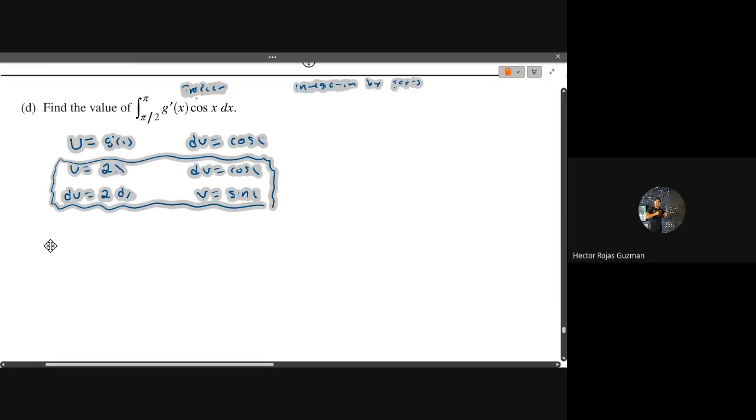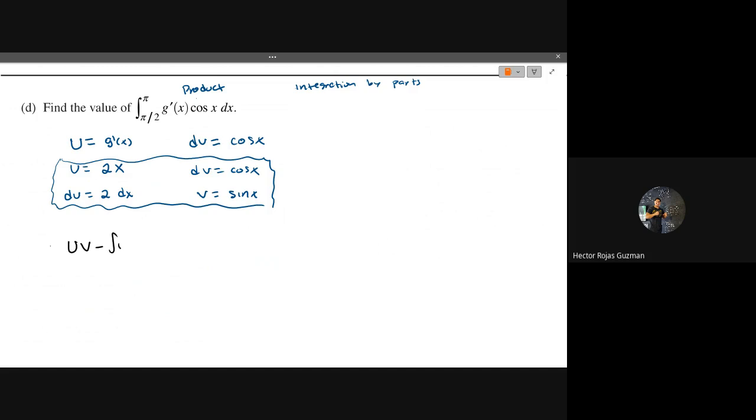Integration by parts: it's uv minus the integral of v du. That looks very similar, so let me fix that. So uv. Now, even though you're doing uv, be really careful here, because we're actually supposed to find the value.